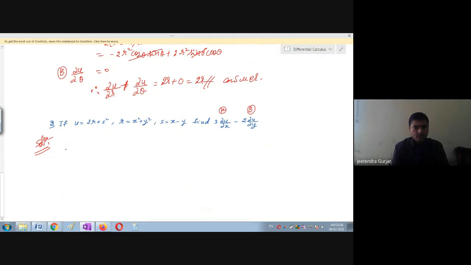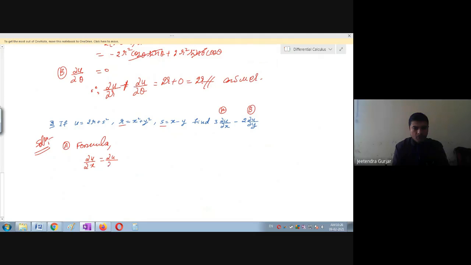So again, I am going to start with part A now. First, whenever you start, please write down the formula first. So now you can see the variables are different. So this is dou u upon dou x they have given. You can see r and s is there. So you have to take the partial derivative in such a way that r and s must be there. Therefore, what I will do?